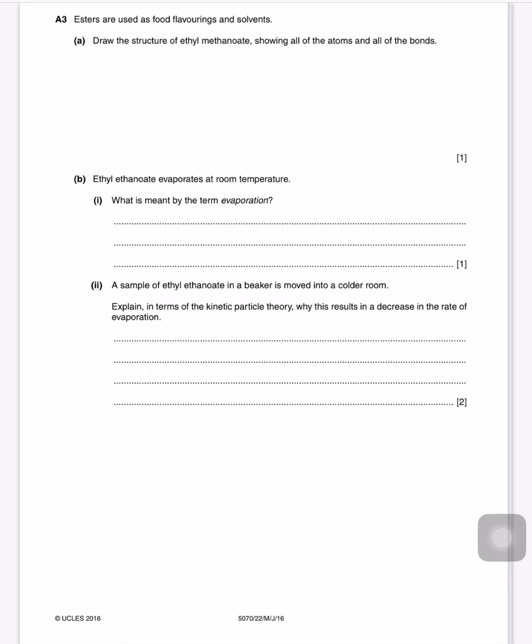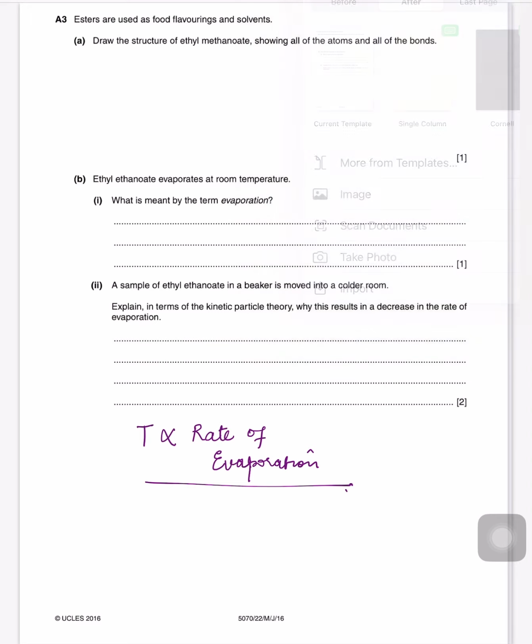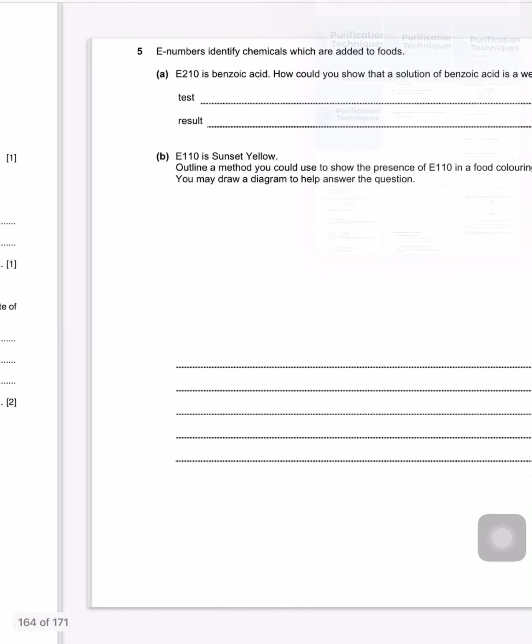So temperature is directly proportional to rate of evaporation.